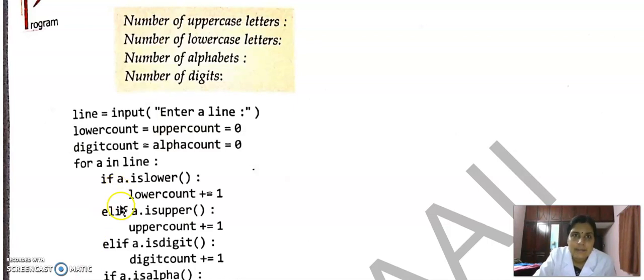For a in line means a equals H. The first character is extracted. Then we will check if a.islower(). If it is lower, we have to increment lower count. Otherwise, we have to check a.isupper(). If it is upper, we have to increment upper count.